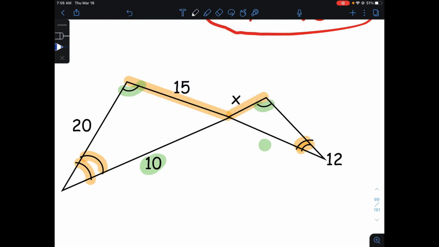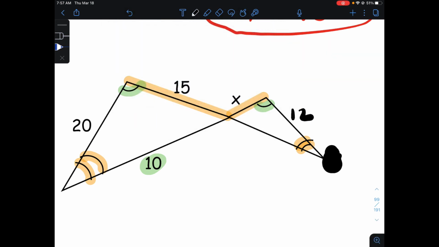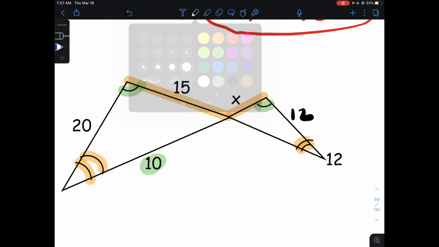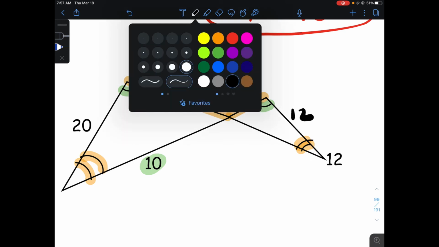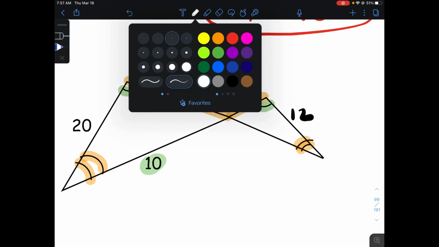I actually don't know where the 12 is supposed to go. It's supposed to go on one of these. So I guess we'll just make a decision. It's kind of unclear where that 12 is supposed to go. No, you know what? I take that back, because looking, this one's smaller, so it should go there. You know how the things get shifted when they print. I'll put the 12 right there. So change that on your paper, move the 12 up there.